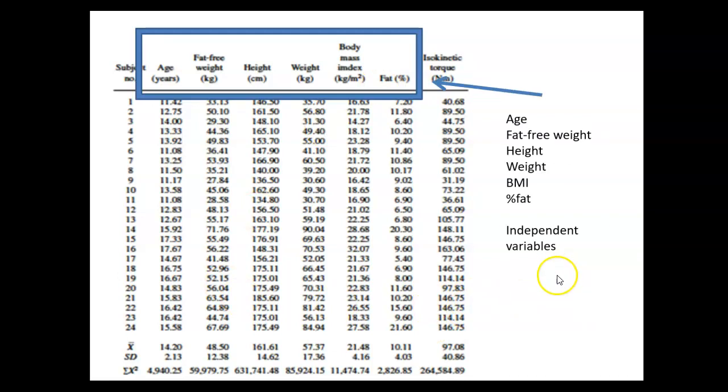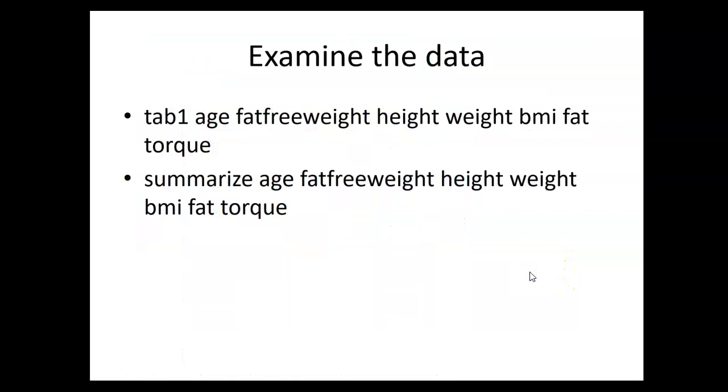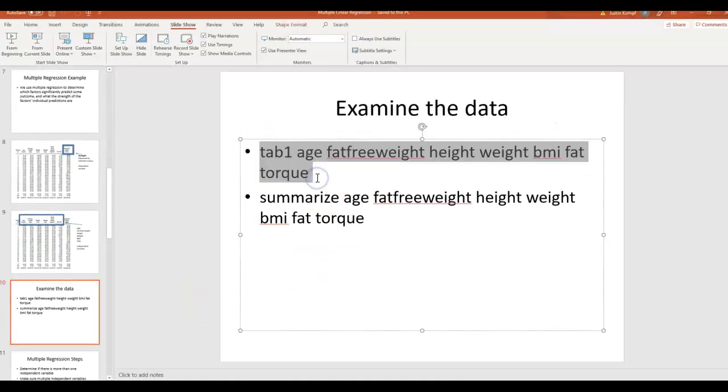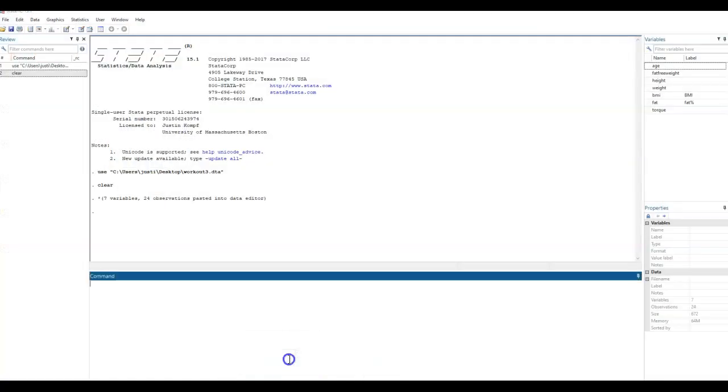Again, these are independent variables, everything other than isokinetic torque. First we want to examine the data, so we could tabulate it. If you have the PowerPoint and want to practice, this should just work for you as well.